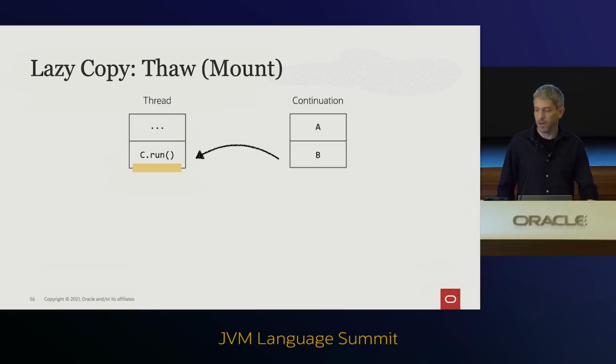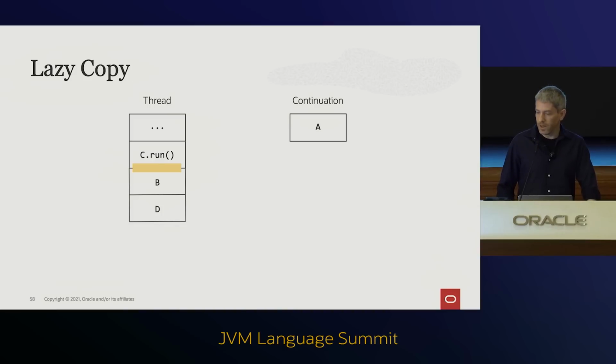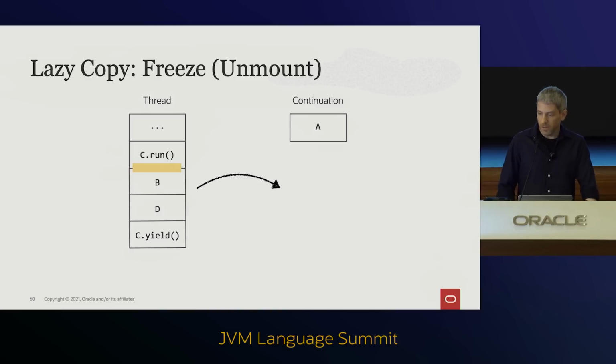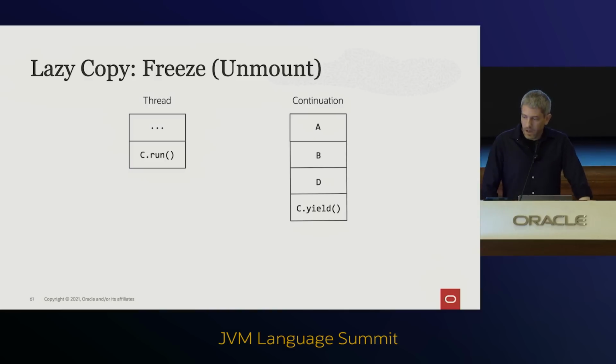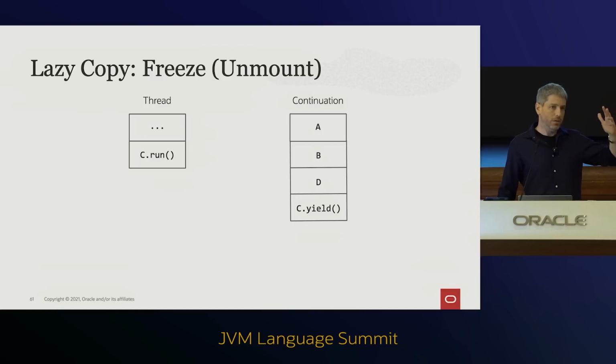Another one in this case. So it just copies over B. And then B calls D, and D calls yield again. And now we have to freeze, and now we only have to copy B, D, and yield. And if you think of A as representing all those lots of framework frames, A stayed put this entire time.